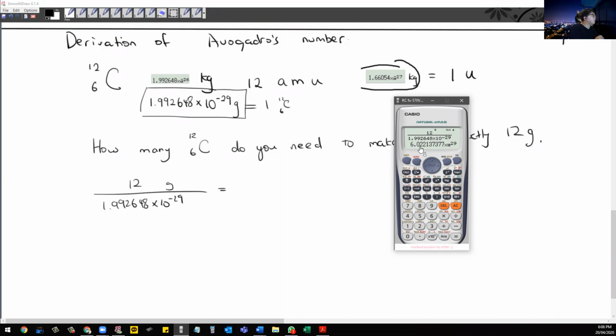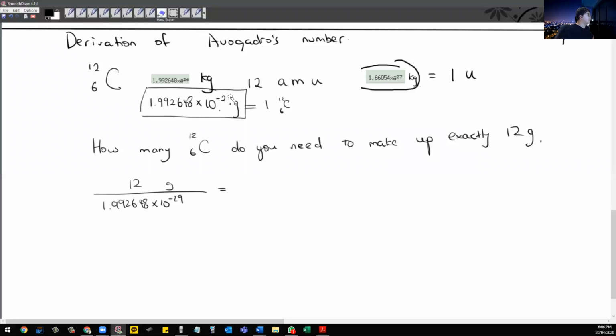Hold on. Did I actually do it the other way around? Should this be 23? Yes, it has to be times 1,000 to get grams, right? So I actually made a mistake there. Because we know that 1 kilogram is the same as 1,000 grams, true?